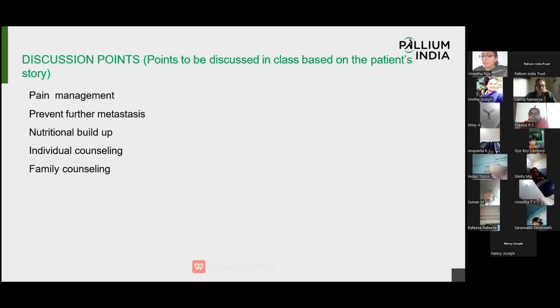Okay. Then if she is having pain on swallowing, we can advise drugs accordingly, like sucralfate with xylocaine gel, so that she gets good relief of pain.